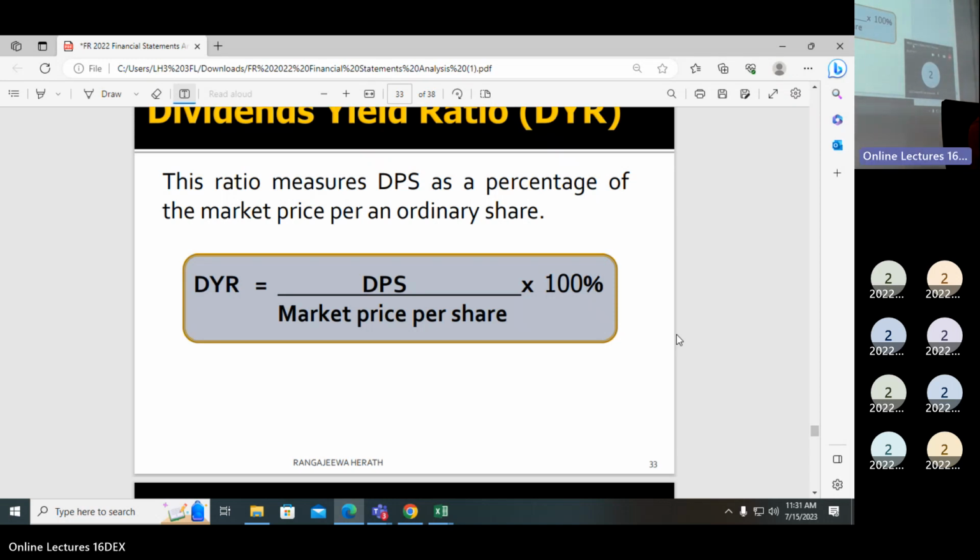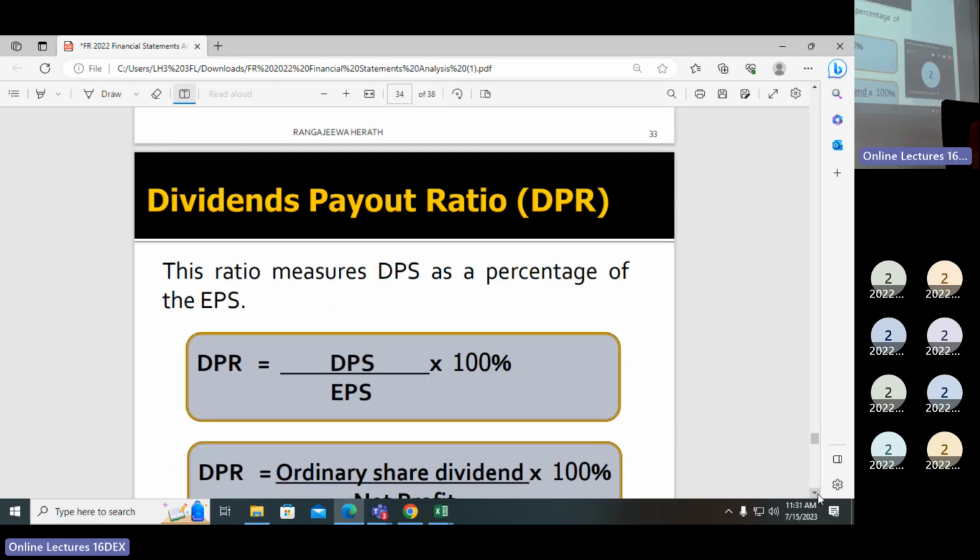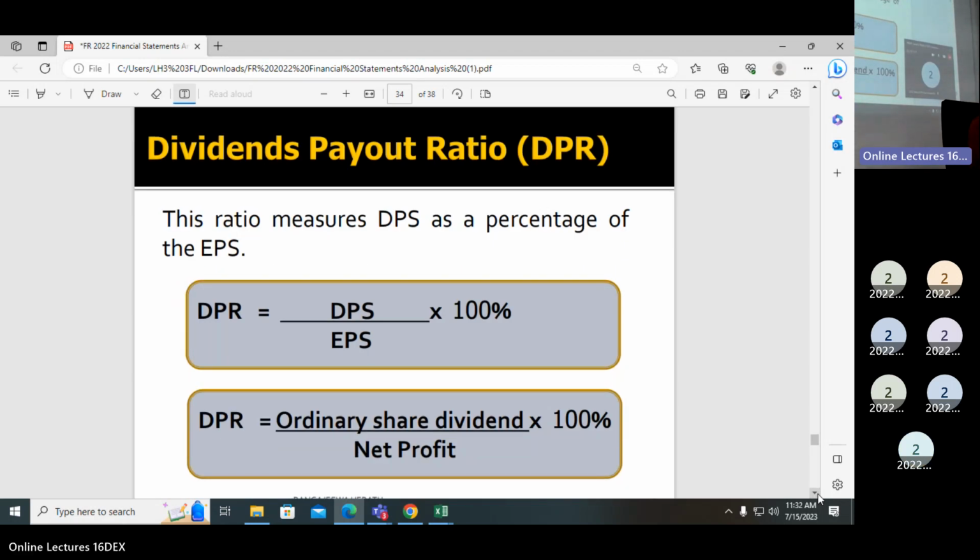Your earning per share is 10 rupee and you are paying 2 rupee dividend. Another company earns 5 rupee per share and also pays 2 rupee dividend. So you need to compare dividend per share divided by earning per share. That is the dividend payout ratio.